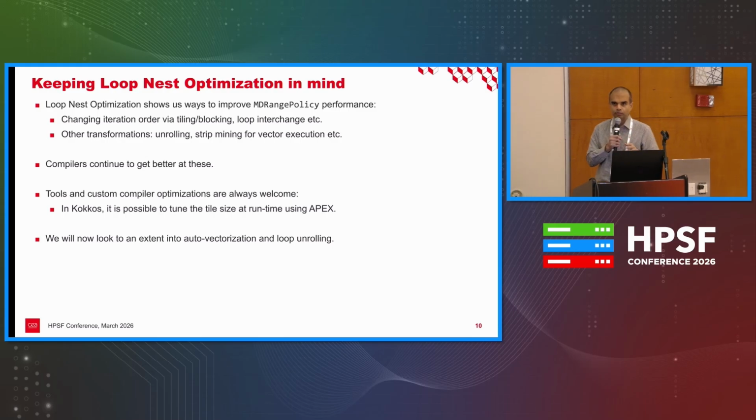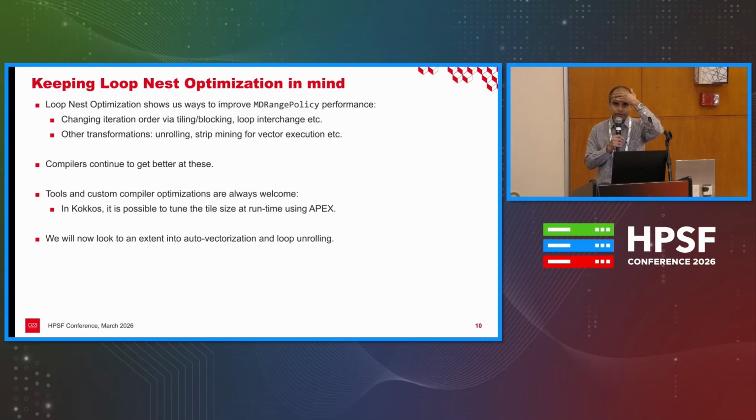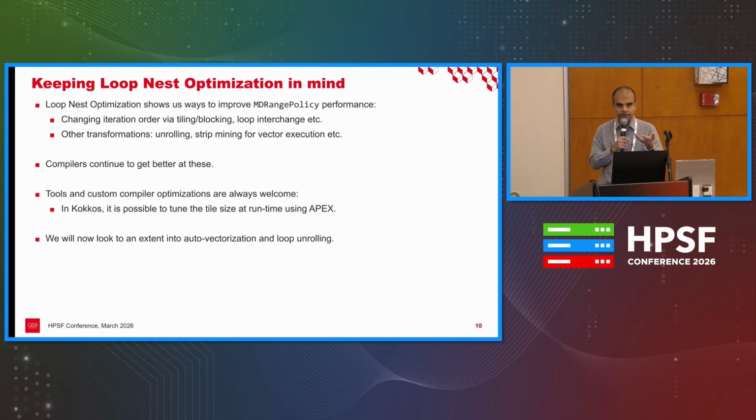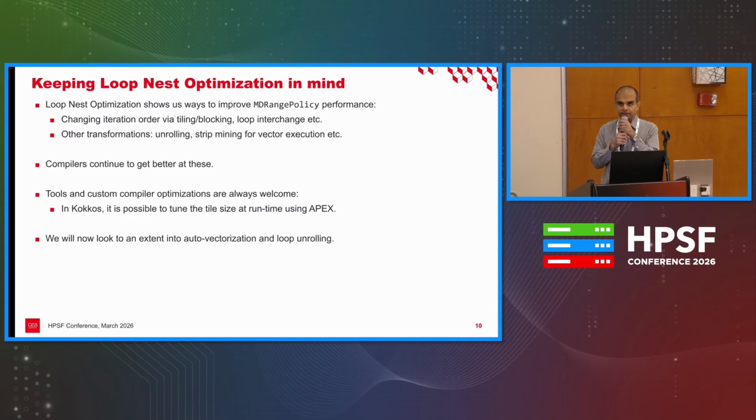So let's do a small detour. One broad theme that you can keep in mind while you are trying to improve performance for MDRangePolicy is this topic of loop nest optimization that has been widely studied in the compiler optimization community. So when we talk about tiles and tile sizes and so on, all those ideas are coming from the loop nest optimization literature in the performance optimization community.